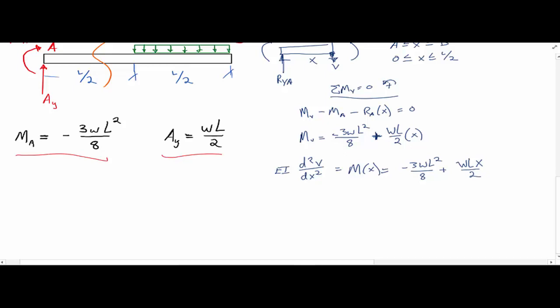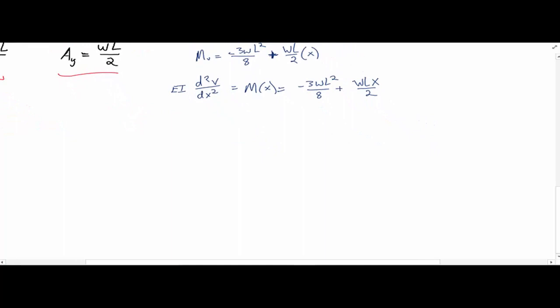And so we can integrate this equation and get EI d nu, this is nu, not V, don't confuse that with shear, that is our deflection. I'm using the convention here from the textbook.